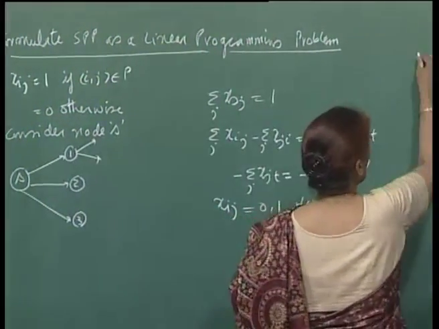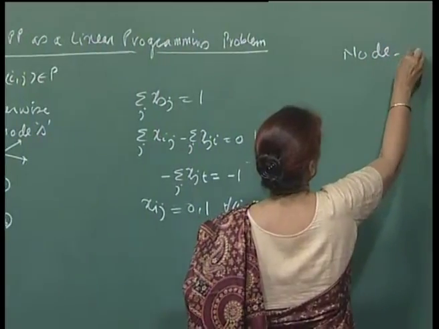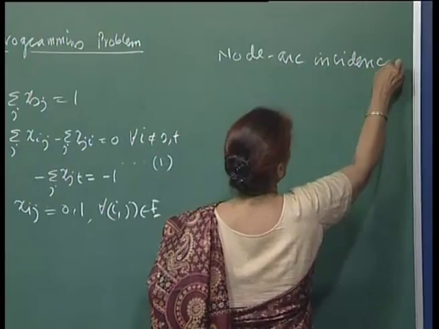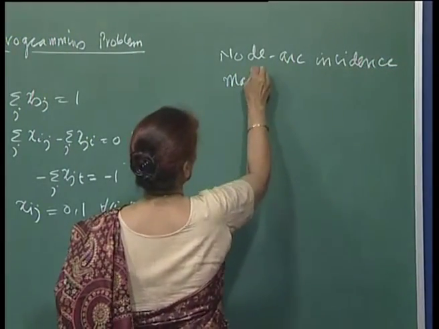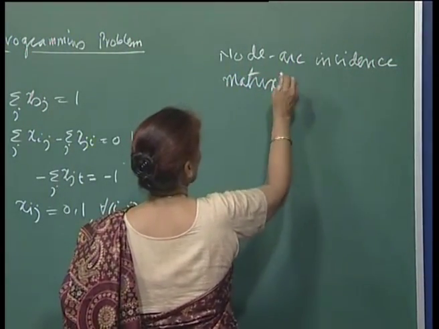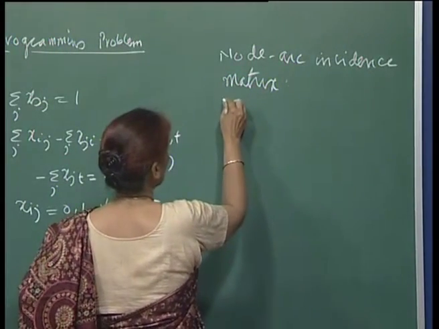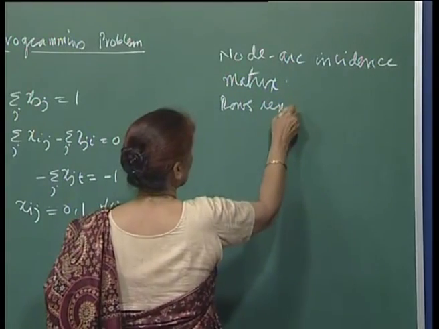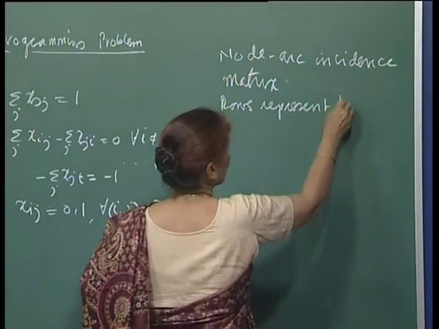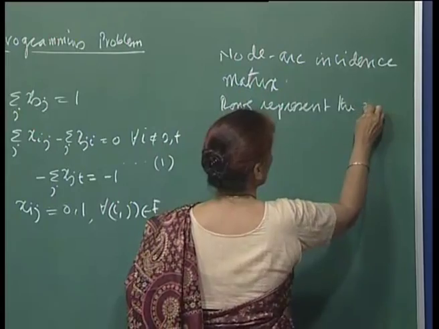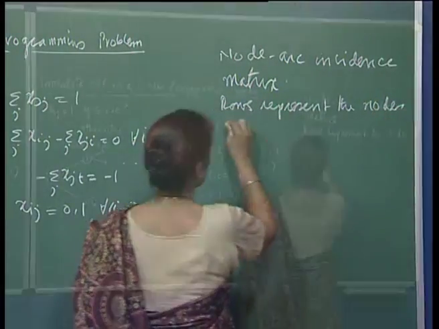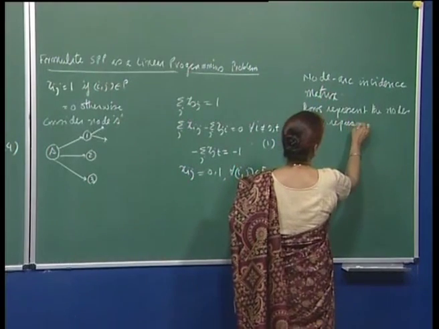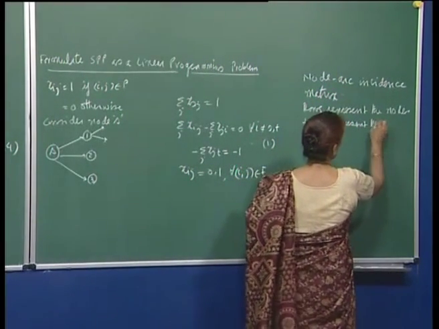let me now write down the node arc incidence matrix. Here the rows represent the nodes and the columns represent the edges or the arcs.